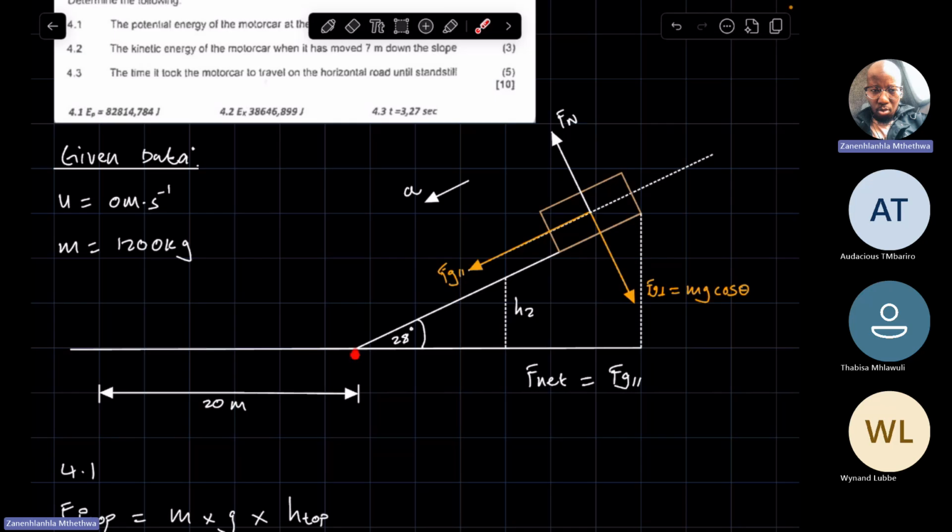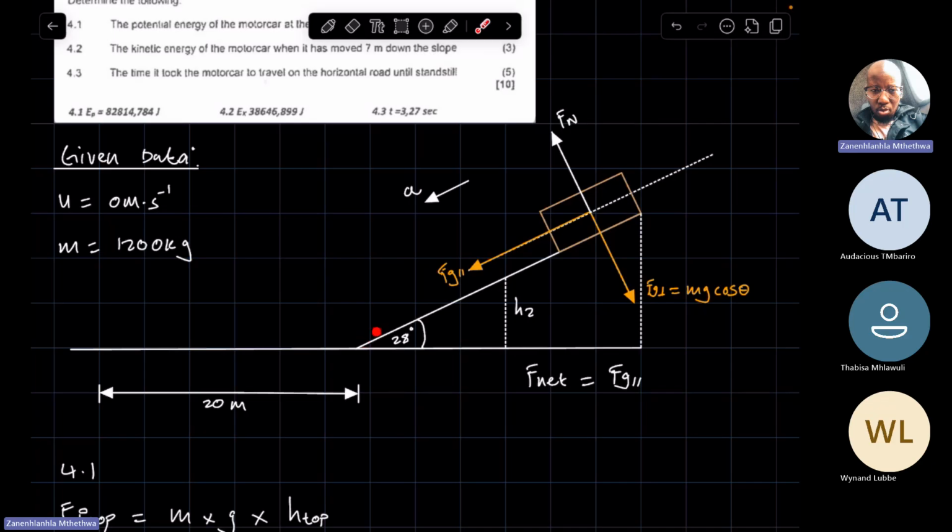And then we do not have at the moment the initial velocity, where the horizontal road begins. It is important to take note that the initial velocity on the horizontal road is essentially equal to the final velocity at the bottom of the slope. Do you see what I mean here?